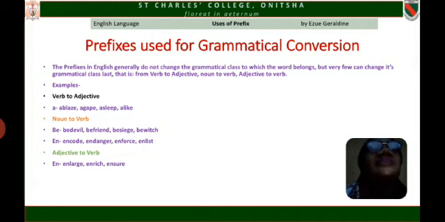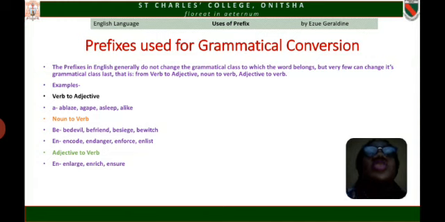That is, from verb to adjective, noun to verb, and adjective to verb. Examples: verb to adjective, we have a as a prefix. Then blaze. Blaze is a verb, and if we add a, we get ablaze. Agape, asleep, alike. So these are verbs that when we add the prefix, they change to adjective.